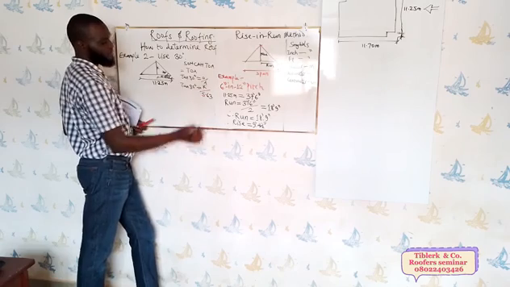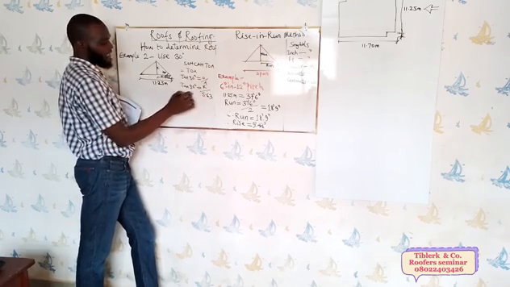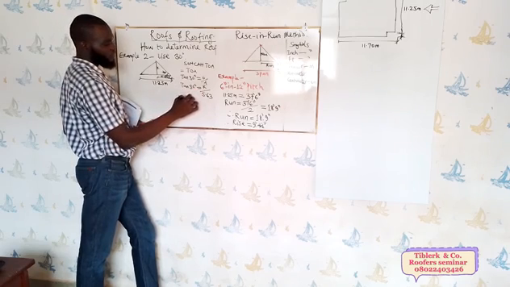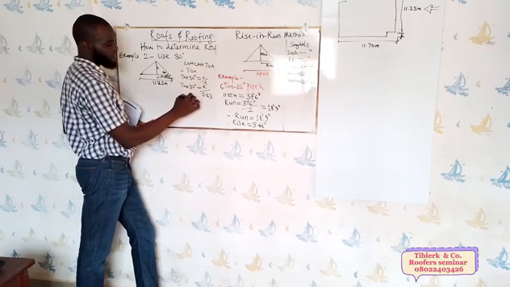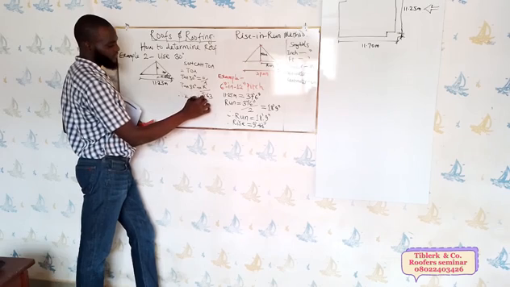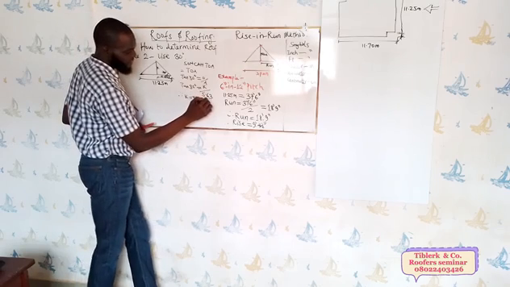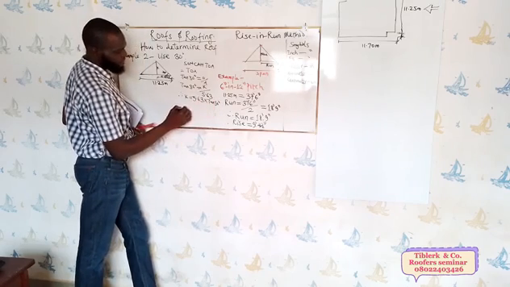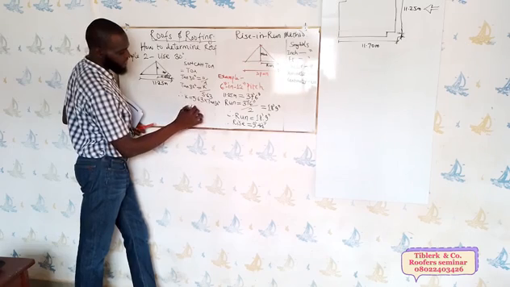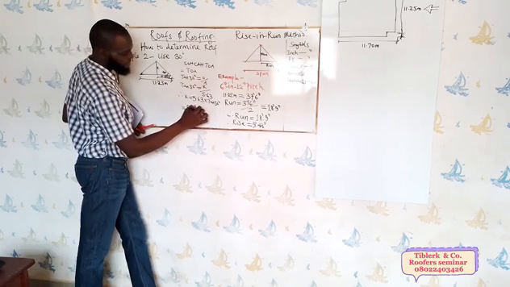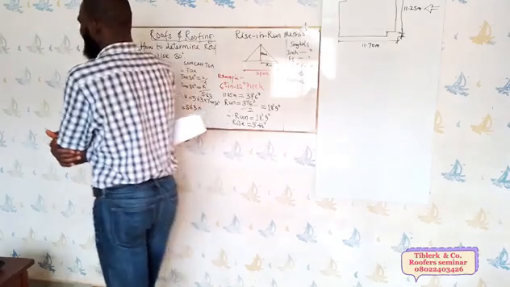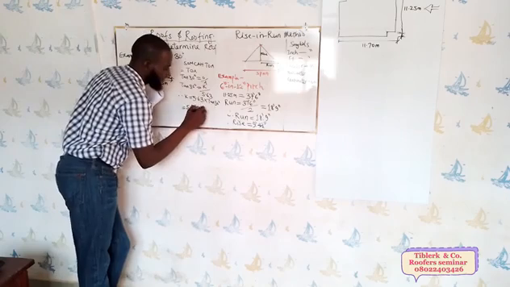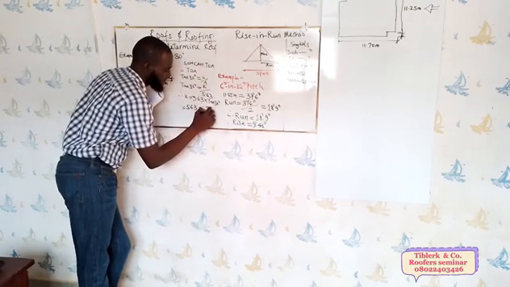5.63. Let us approximate. So therefore, by cross multiplying, our K will equal 5.63 times tan 30 degrees. What's tan 30? 0.577.